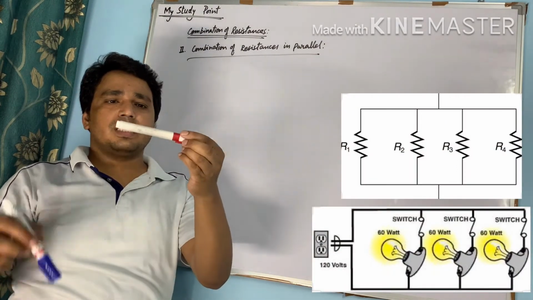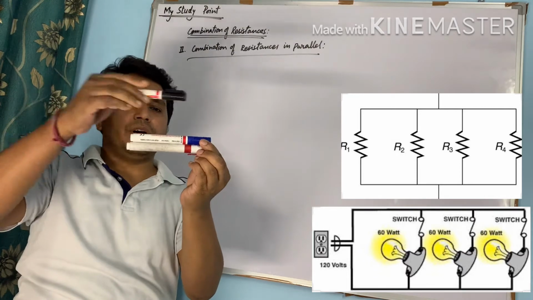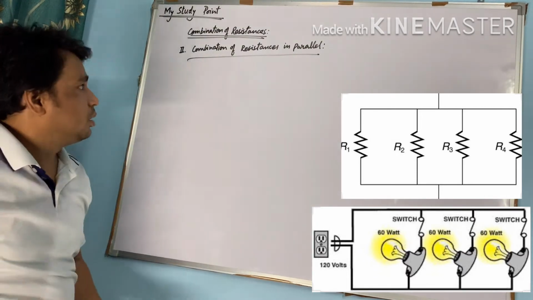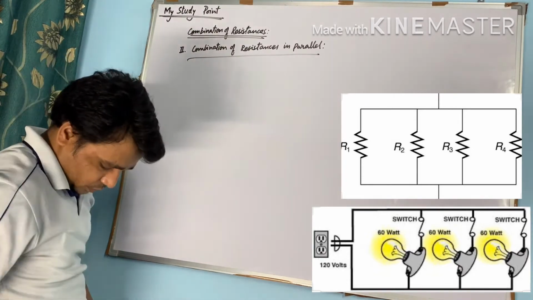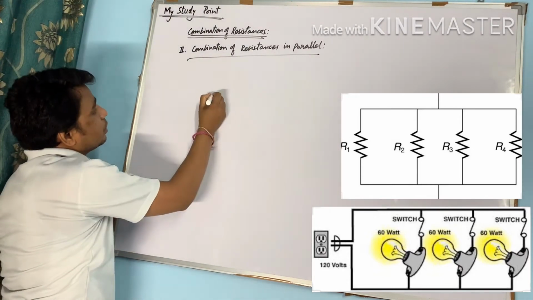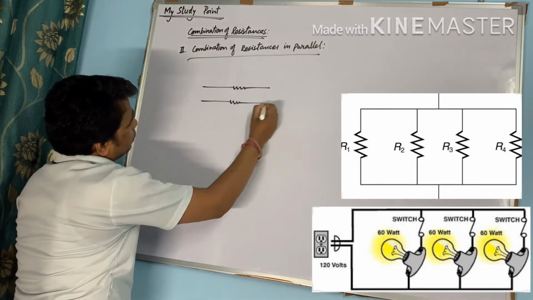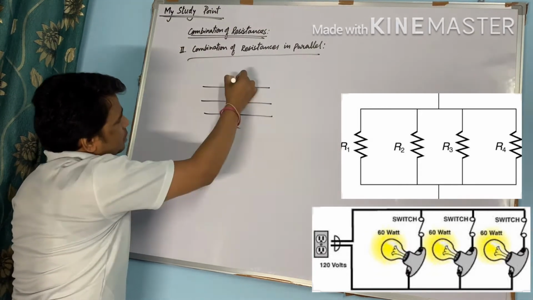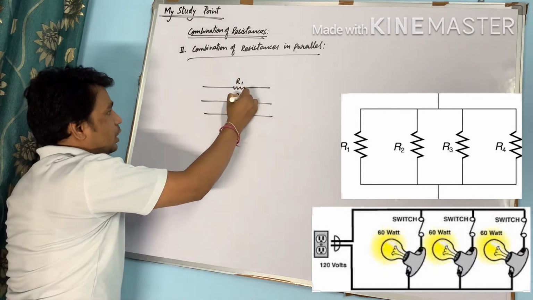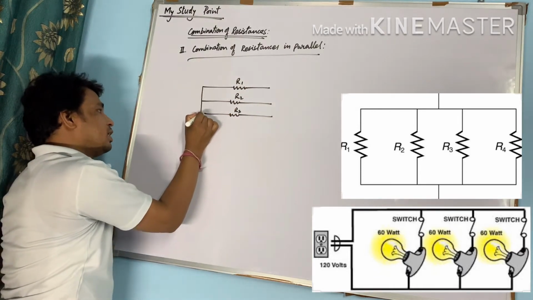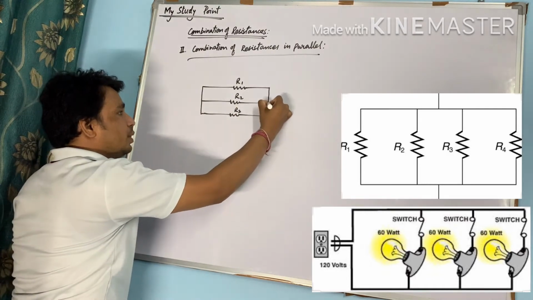When two or more resistors are connected between the same two points, like this manner, they are all in parallel. Two or more resistances R1, R2 and R3 are connected between the same two points such that they have a common positive and common negative terminal.